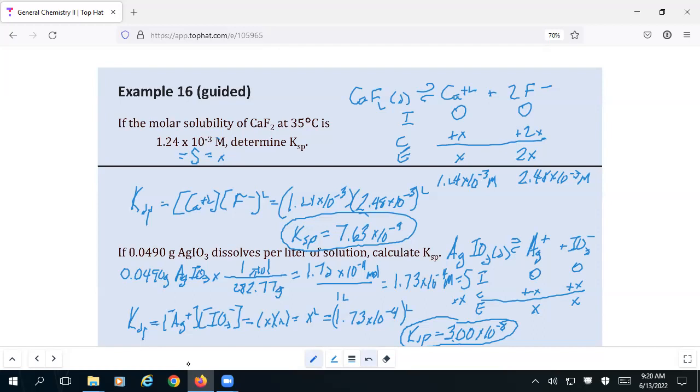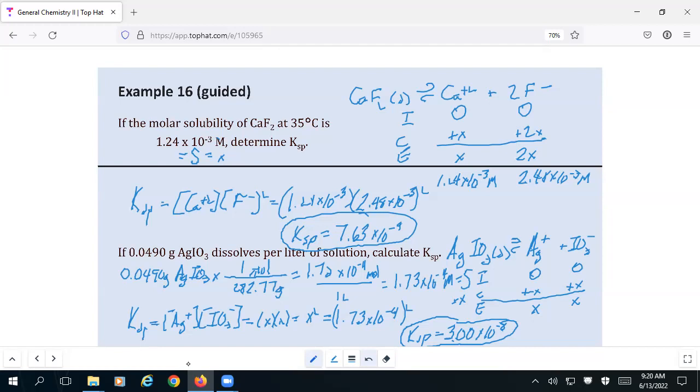Now, if I have 2 salts that have identical equilibria, both give a 1-to-1 ratio, both give a 1-to-2 ratio, both give a total of 5 ions, whatever the case is, yes, in that circumstance, I can compare Ksps directly. But if I don't have that as a comparison, I've got to do the math.